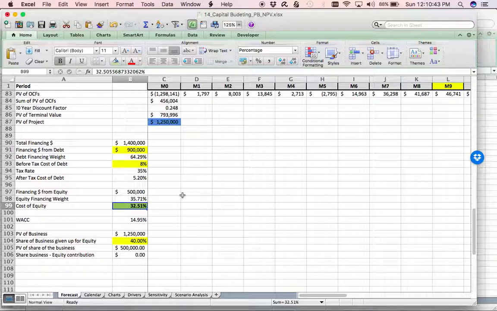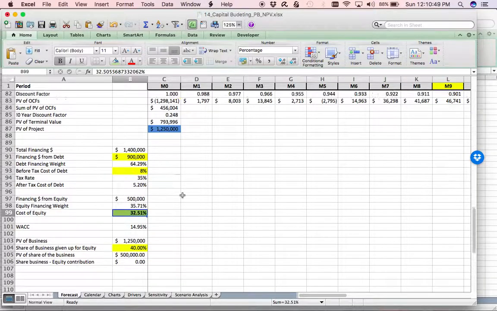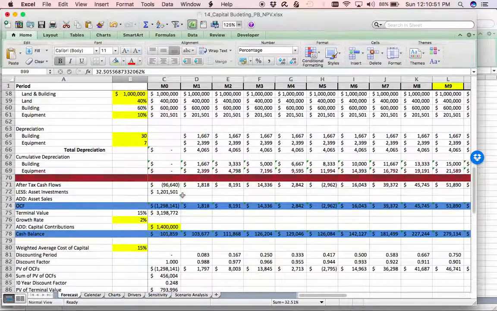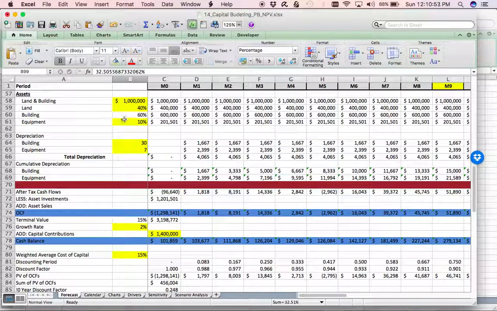And I had to have a little bit less debt and a little more equity, simply because when I went up and looked at my assets, the total value of my assets, land, building, equipment, was only going to be about 1.2 million, and I just wasn't confident that I could get financing for that at a low interest rate for more than about 900,000.